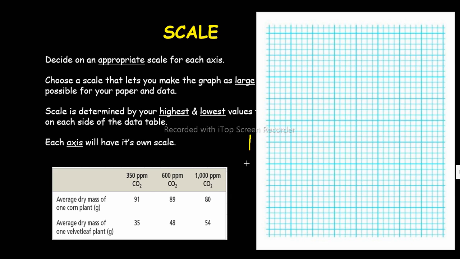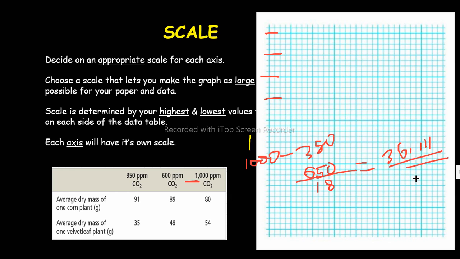Somebody told me that they got for this 1000, then minus 350, and they got 650 as their highest minus lowest, and then divided by the number of boxes, and they divided it by 18. I think they considered 1, 2 on a graph paper. That one is okay. And so they got 36.11 recurring.